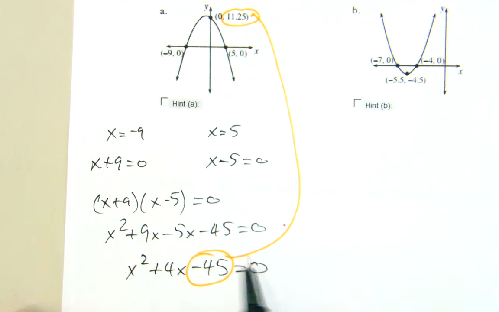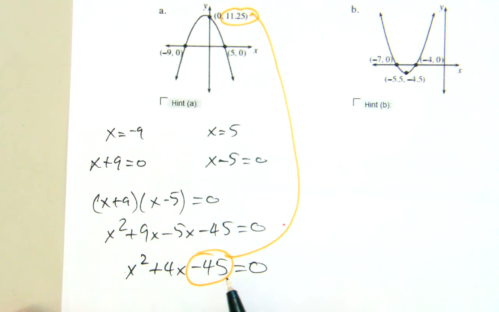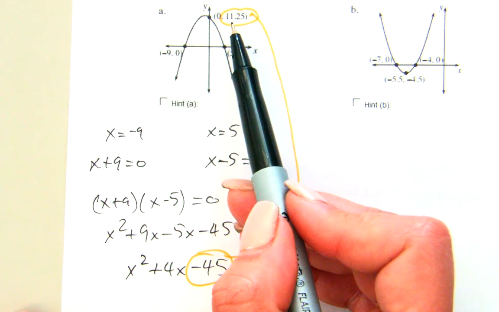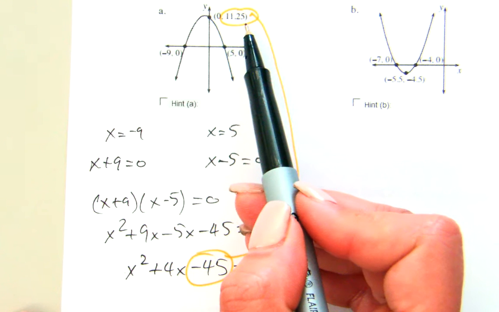So the question is, -45 times what is going to give you a positive 11.25?